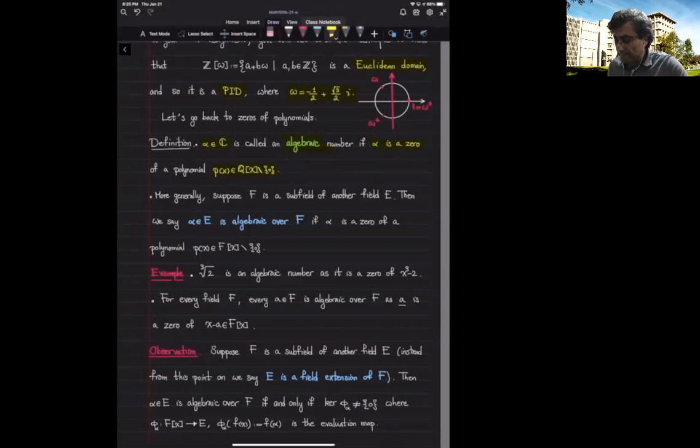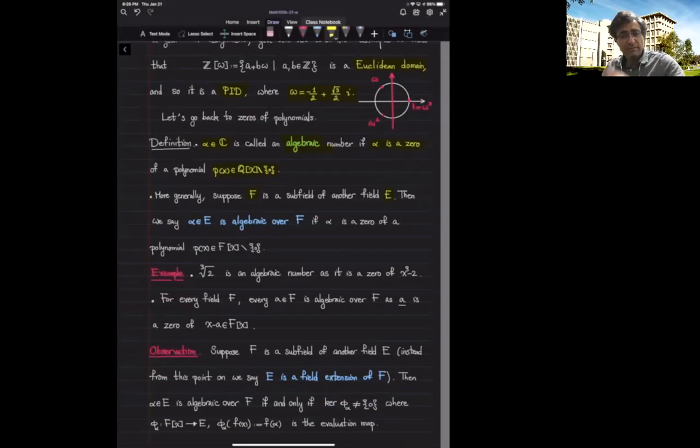What do I mean by that? Suppose I give you any field, it doesn't matter if it's Q or not. So I give you a field F. In the first part of the definition, this F was like Q, and I give you another field that contains this F. In the first part of the definition, it was just complex numbers. Suppose I'm giving you a field E that contains F as a subfield.